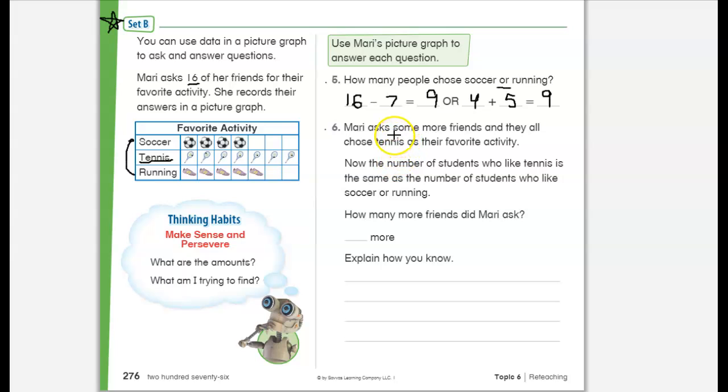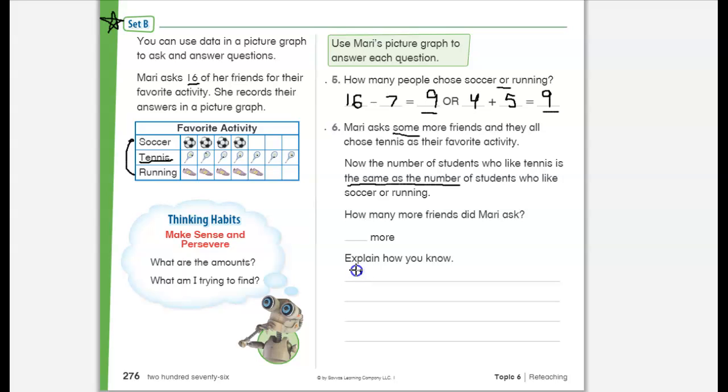It says that Mary asks some more friends and they all chose tennis. But now, the number of students who like tennis is the same as the number of students who like soccer or running. We know from our work in number 5 that 9 students said that they liked soccer or running.